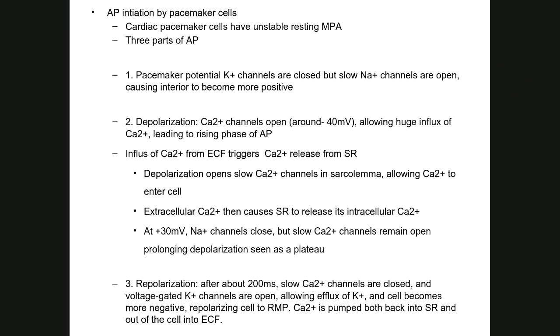There are three phases, three parts of this action potential, involving the potassium channels, the sodium channels, and the calcium channels. During the first part of the action potential, the potassium channels are closed.